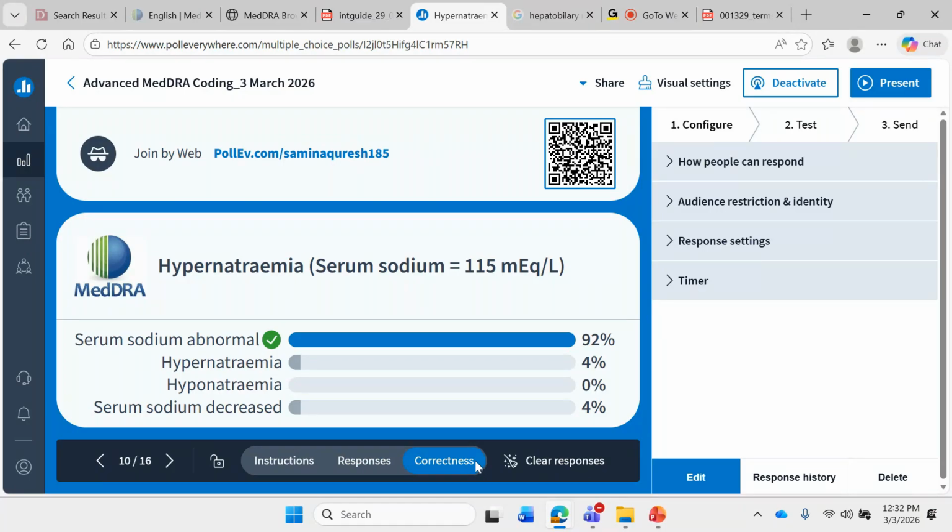If I'm unable to query, I'm unable to get any clarification or additional information, I would say it's abnormal because hyper means more sodium and the lab value is showing me lower than the reference range. So the correct answer is serum sodium abnormal. Okay, so going on to number 11.